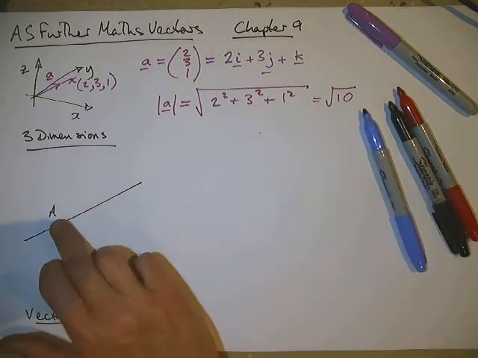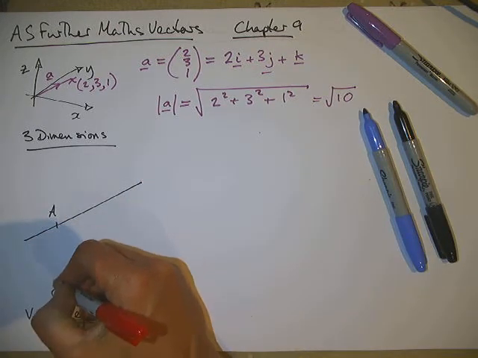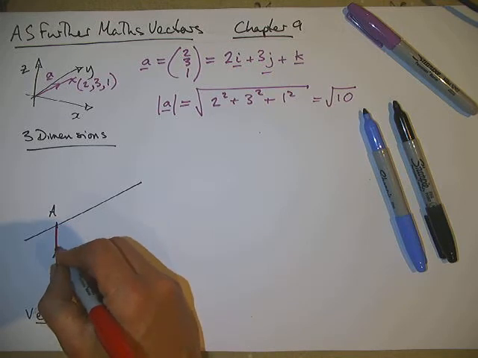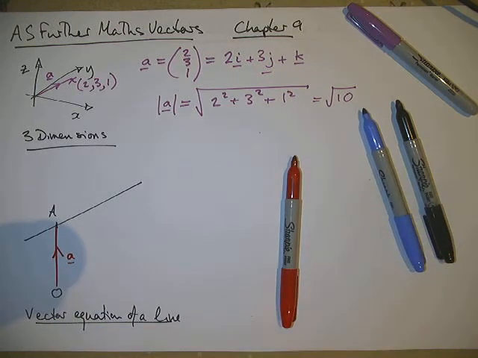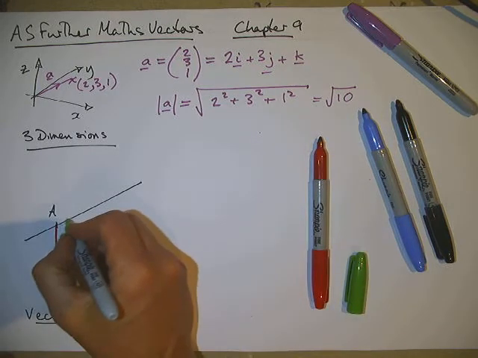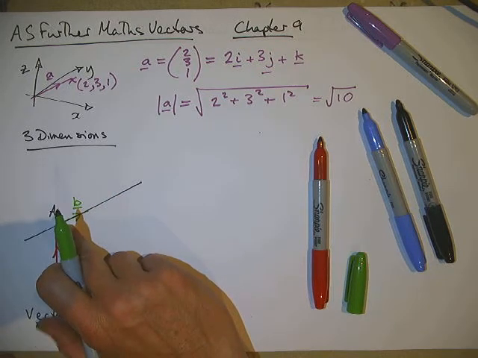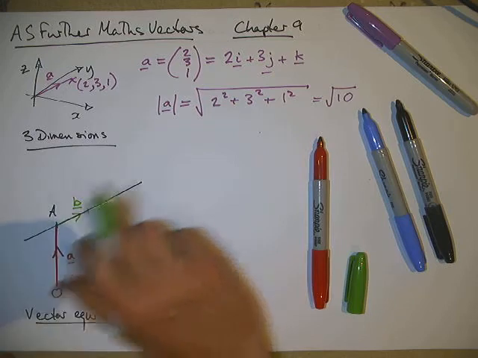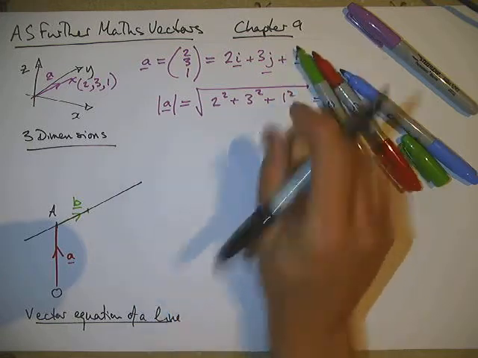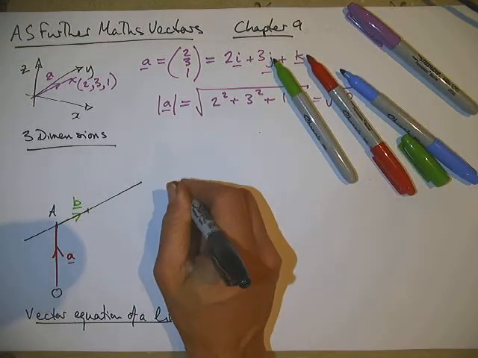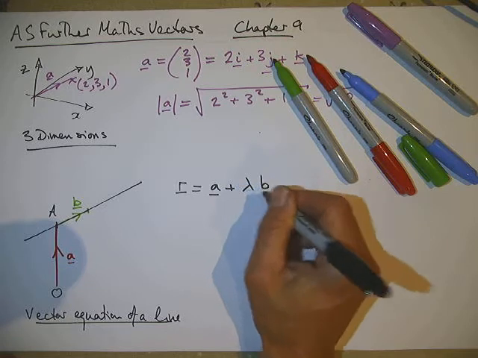If we've got a line like that with a point A on it, and that's the origin, we've got a point A whose position vector is vector a, and let's say the line is parallel to this vector b. So a is the position vector of a point on the line, and b is the direction vector giving the direction of the line. The vector equation will be r = a + λb.